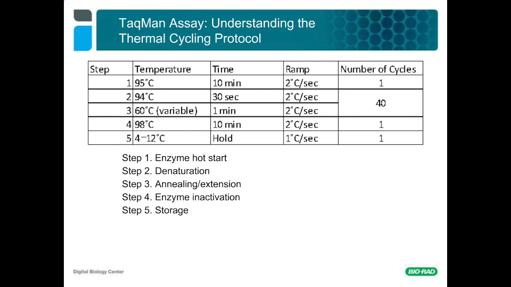Step 3 is the anneal and extend step where the primers are at a temperature where they will bind to the DNA and the polymerase is at a temperature where it can polymerize. Step 4 inactivates the enzyme after all of the cycles are complete. And step 5 is for storing the reaction until you are ready to read the droplets. Note that this is the protocol for the Droplet PCR Supermix and the ddPCR Supermix for probes. See the insert for the thermal cycling conditions and recommendations for the one-step Supermix kit. Next, I will discuss the EvaGreen thermal cycling conditions.